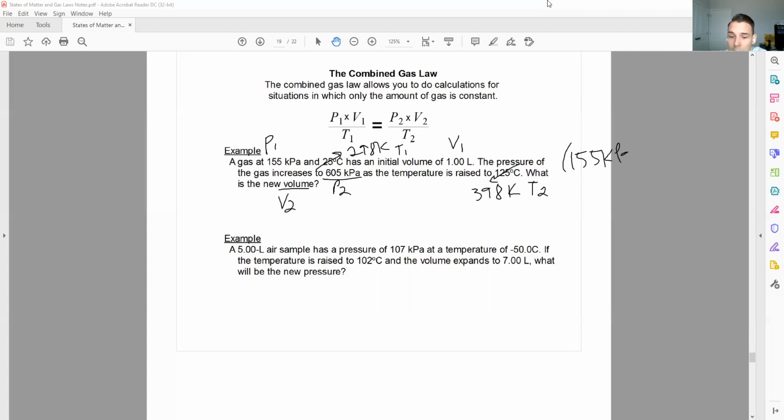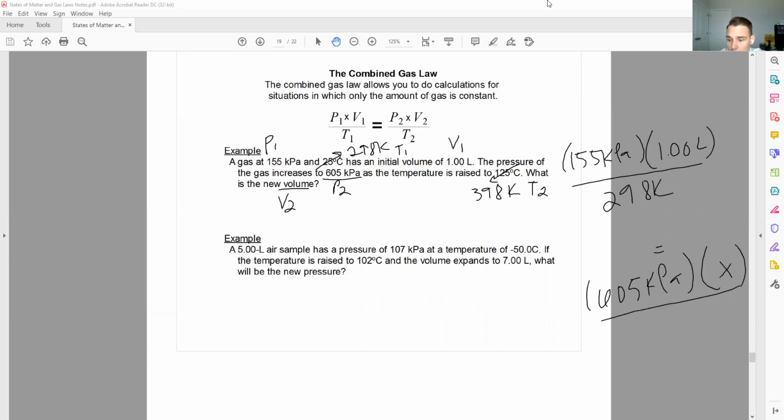155 kPa, 1.00 liters over 298 Kelvin will be equal to, I don't have the space, so I'm going to have to do it over here, 605 kPa x over 398 Kelvin.